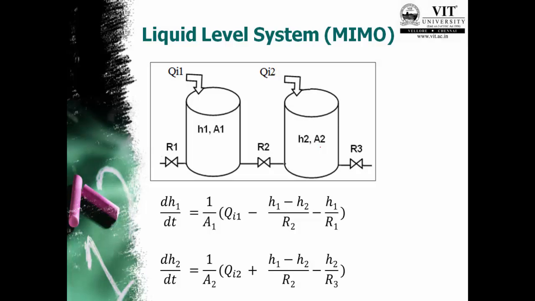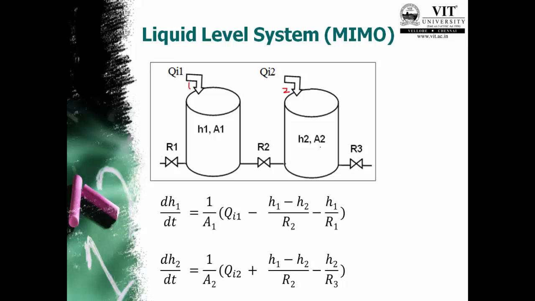Now we will take a multi-input multi-output case and we'll see how to write the mathematical equation. So in this interacting tank setup, we have two inputs. We have input 1, input 2. So first input is going as an inlet flow for tank number 1, and second input is the input flow rate for tank number 2.